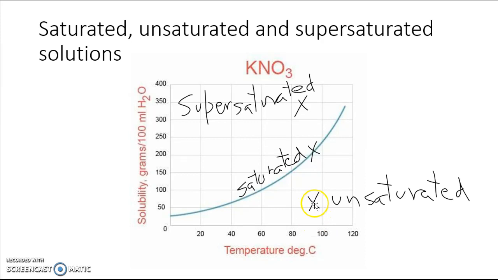For example, at this temperature, you can add until here to get a saturated solution. But what about if you have a solution like this? At this point, you have a supersaturated solution. It has more solute than can be dissolved at this temperature. Then here you have a characteristic solubility curve and the three types of solution according to the saturation.